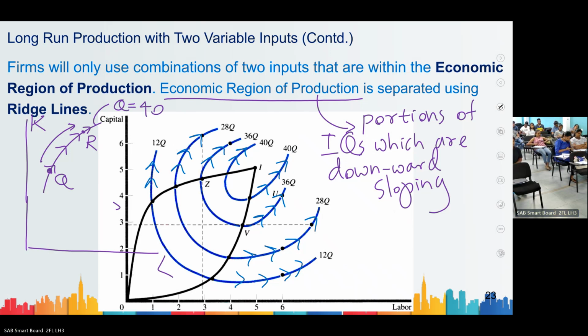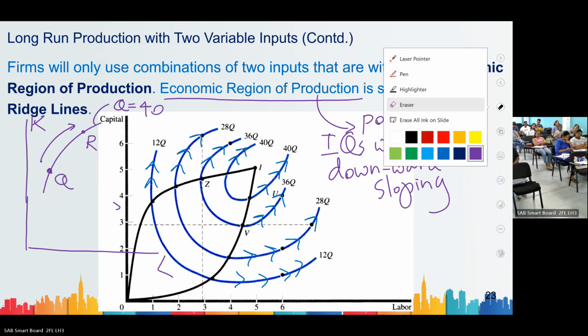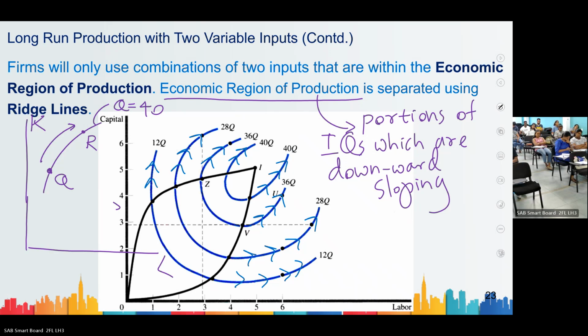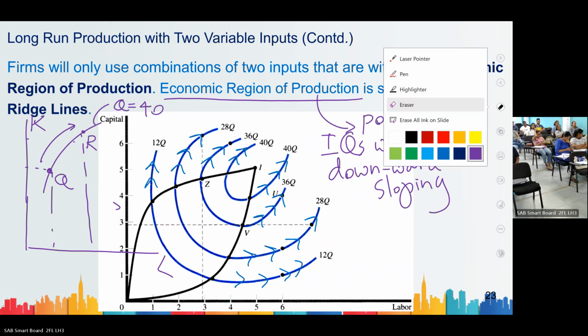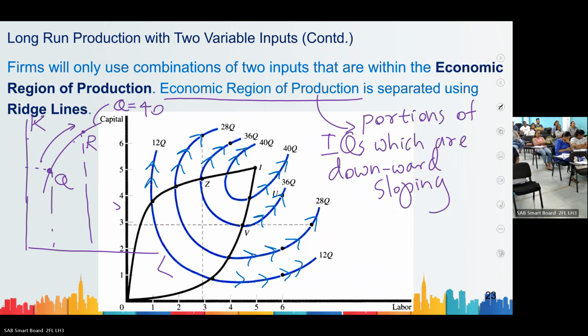The firm can produce 40 units of output both at point Q and point R. If the firm moves from point Q to R, what happens?